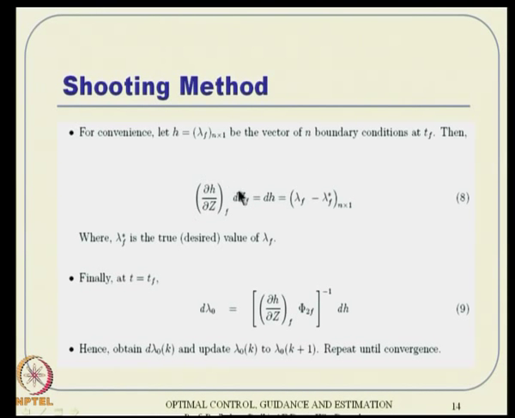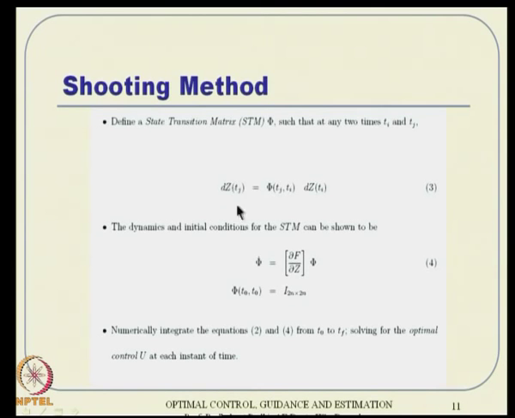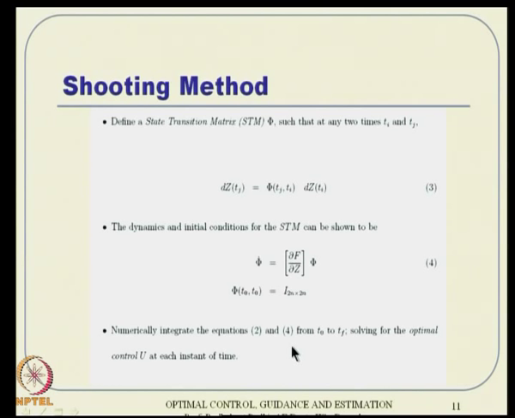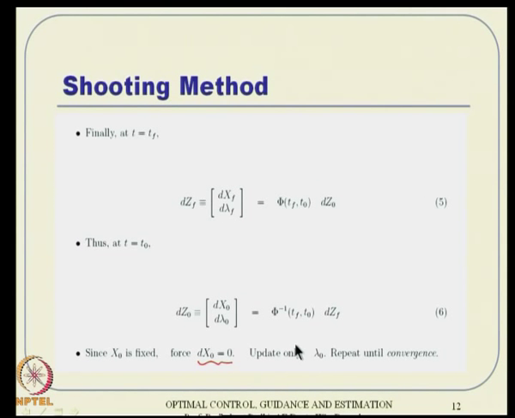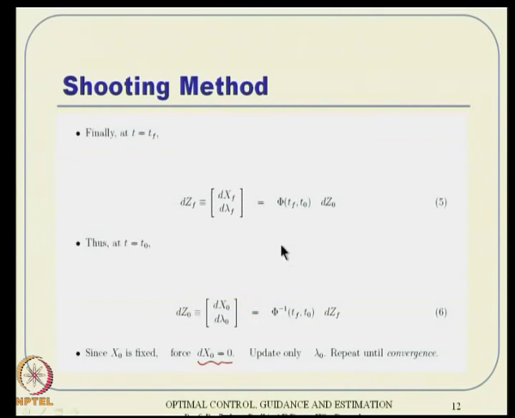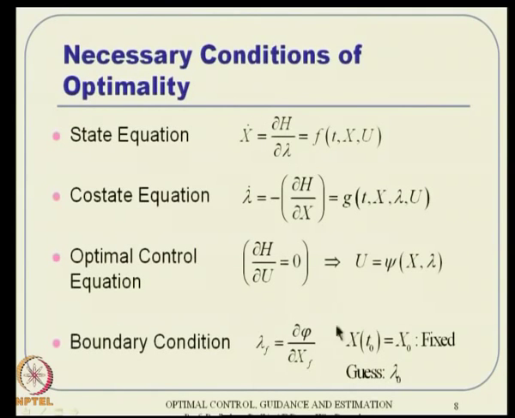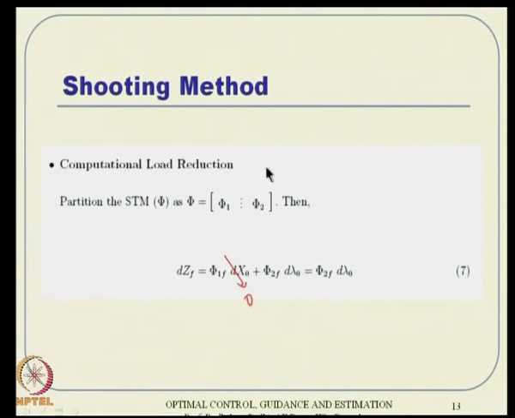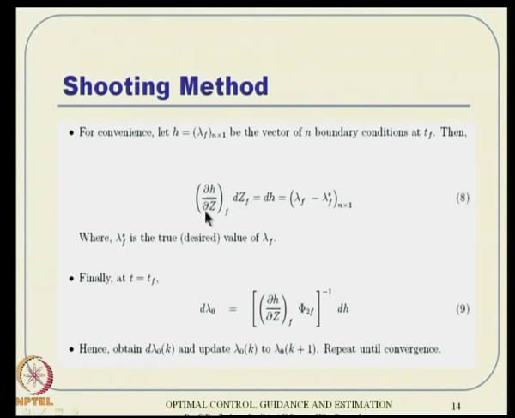So, what I mean is this condition is available. Using this, I will call that h, and then dh is nothing but ∂h/∂z times dz_f.